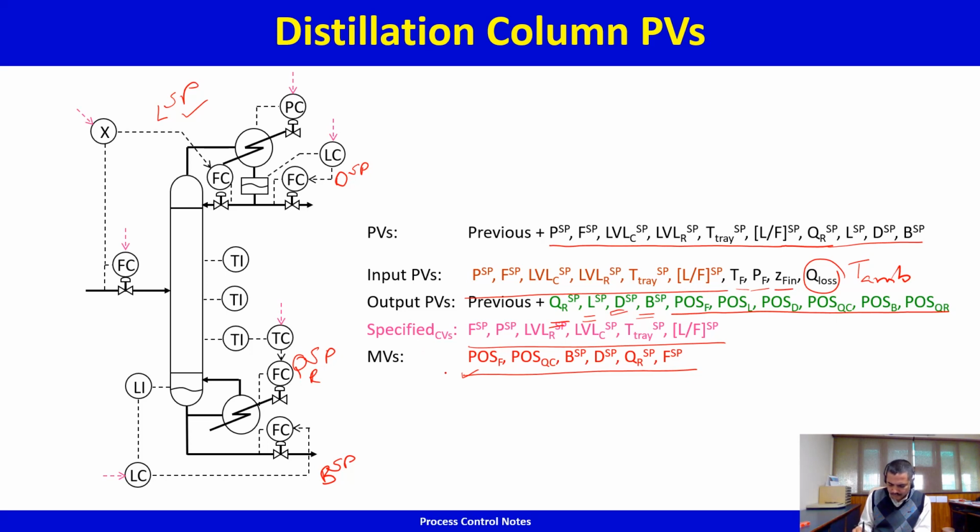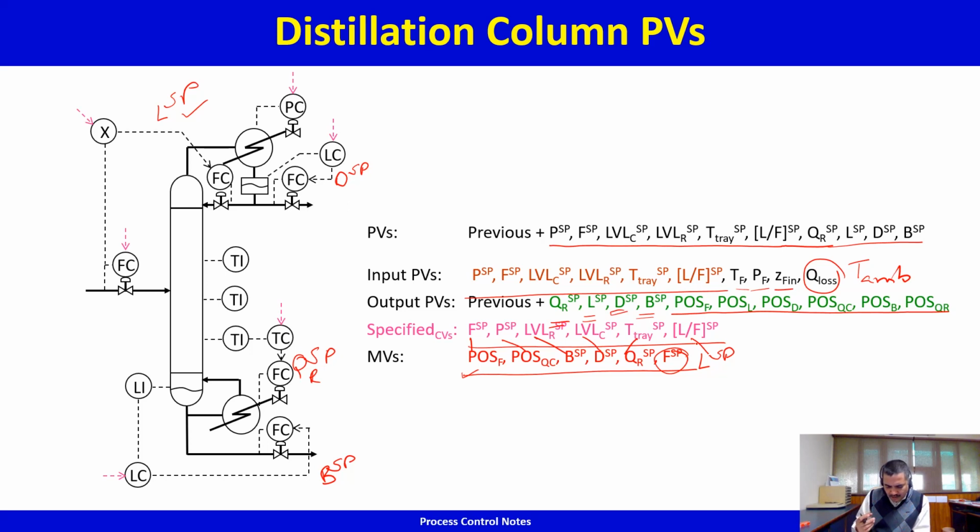Oh, this is not FSP, this should be LSP. This is what is being manipulated. So this guy is held by this guy is held by that guy. Okay. So these are the manipulated variables. So this is a distillation column.